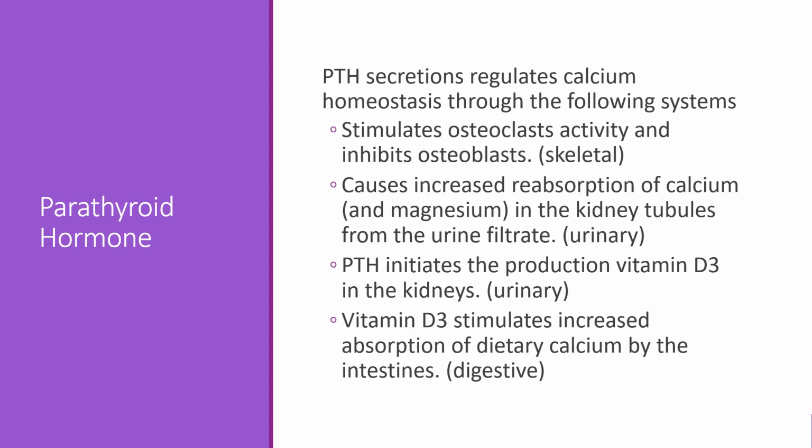PTH is going to initiate the production of vitamin D3 in the kidneys, so that is your urinary system as well. And vitamin D3 stimulates an increased absorption of dietary calcium by your intestines, so your digestive system is involved. So again, three systems are involved in the homeostasis of your calcium: your skeletal system, which is what we all think of, because one of the main functions of the skeletal system is to store calcium, urinary, and digestive.